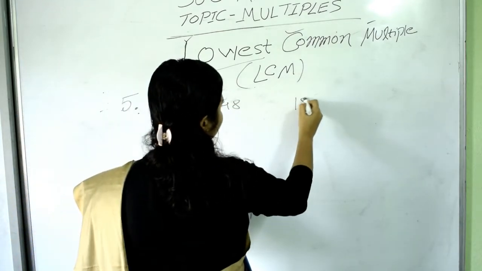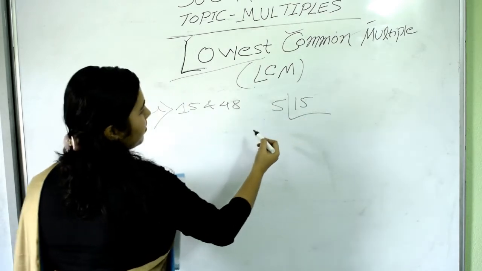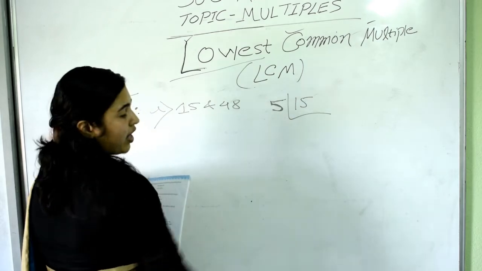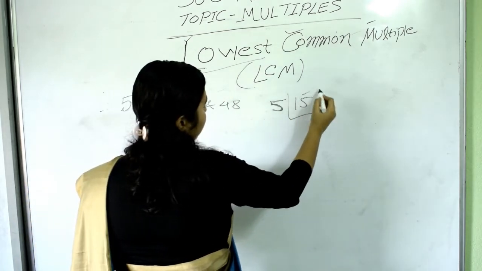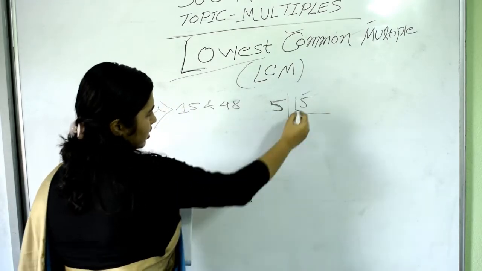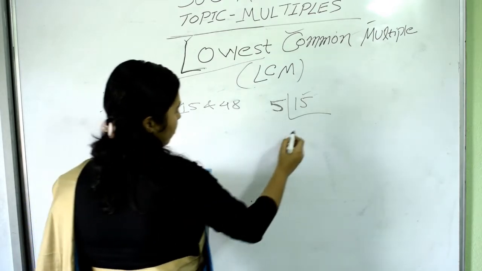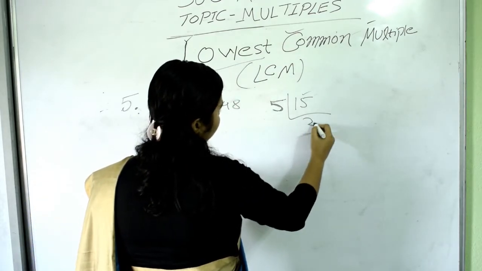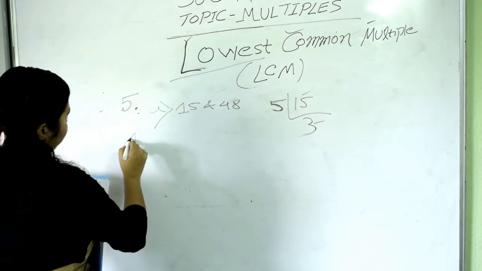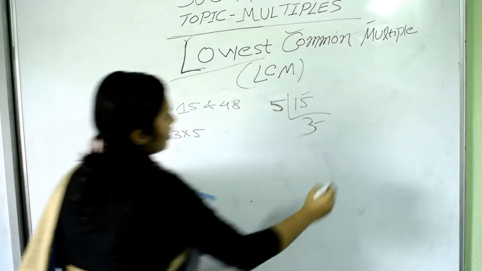So take the prime factorization of 15. 15 is divisible by 5. 5 is the first prime number which can divide 15, because in the ones place the digit is 5. So 5 threes are 15 and 3 is also a prime number, so we don't have to divide again. That means the prime factorization of 15 is 3 times 5. Now take 48.